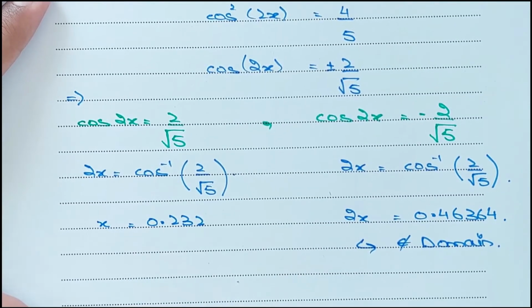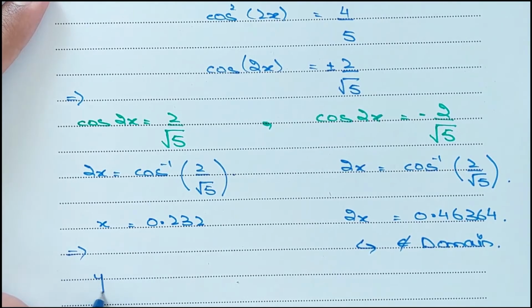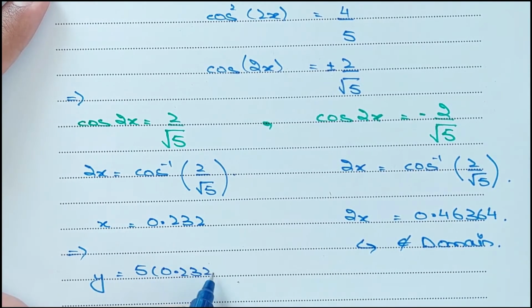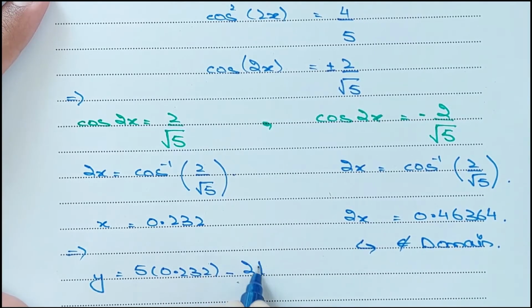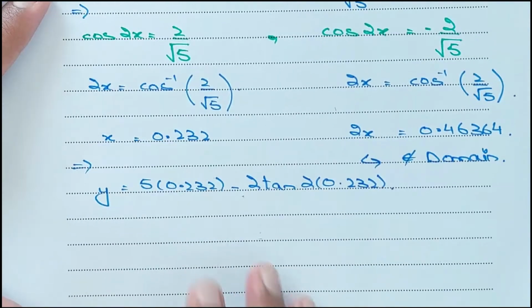We have x. Now let me find the y. The y value is 5 times 0.232 minus 2 tan of 2 times 0.232. All right.